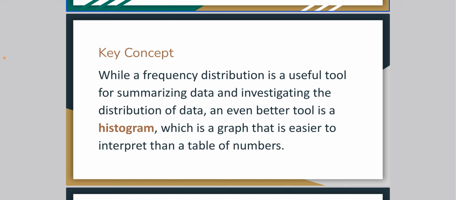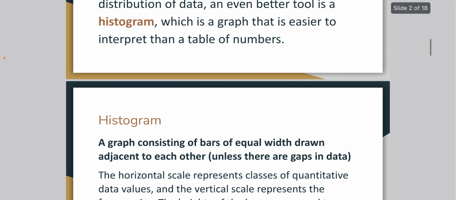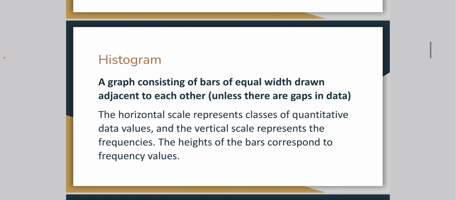It's a clear graph, usually easy to read, depending on how people set up their x-axis and all of that. We'll take a look. A histogram is a graph consisting of bars of equal width drawn adjacent to each other, unless there are gaps in data.